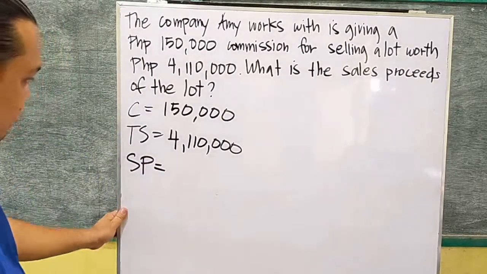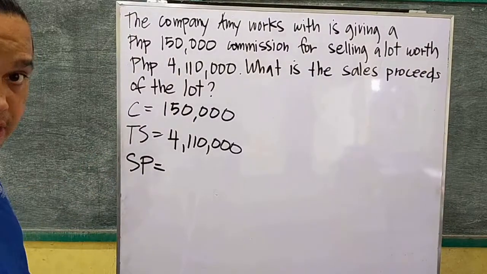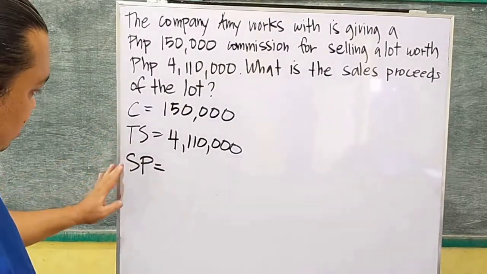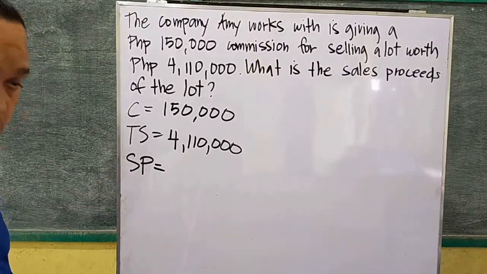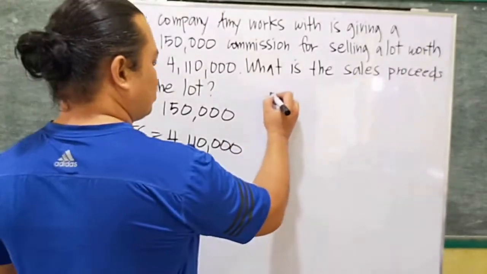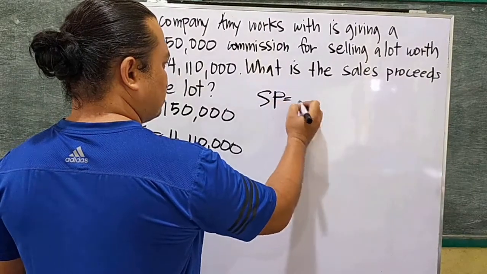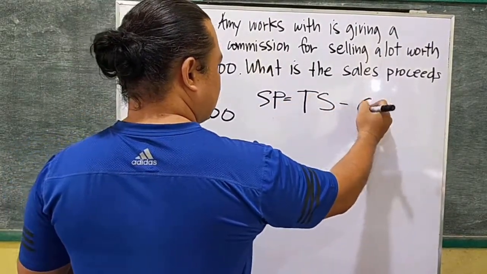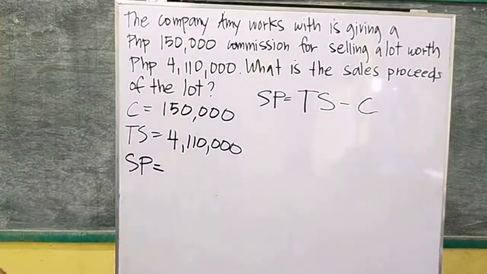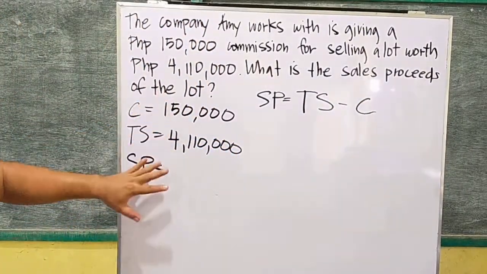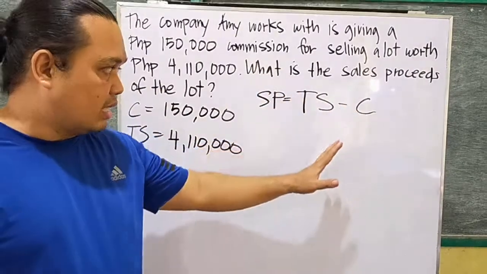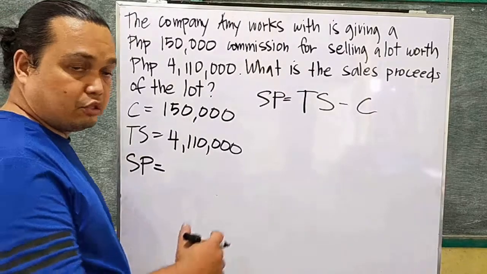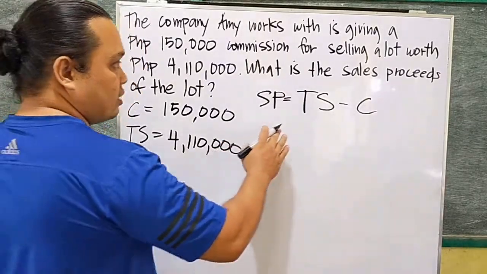So we have the given TS or total sales, we have the given commission, and we are looking for the sales proceeds. So therefore, we can use the formula SP, sales proceeds, is equal to TS, that's total sales, minus C for the commission. Okay, so we have the given here, we have the formula. Let's just substitute. All we need to do is substitute the given to the formula.